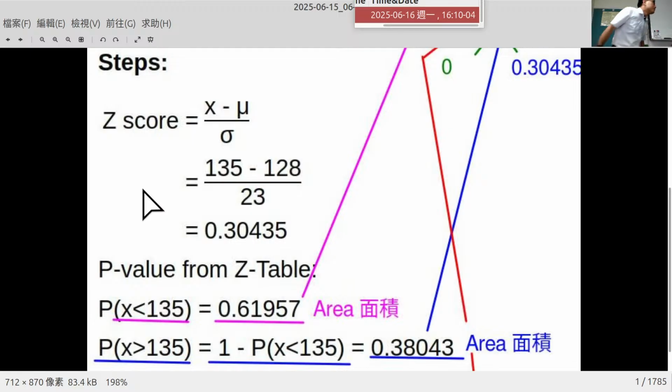What is this score? Who can tell me what this score is?